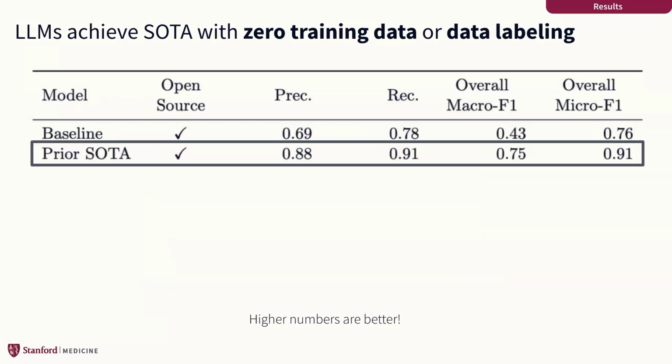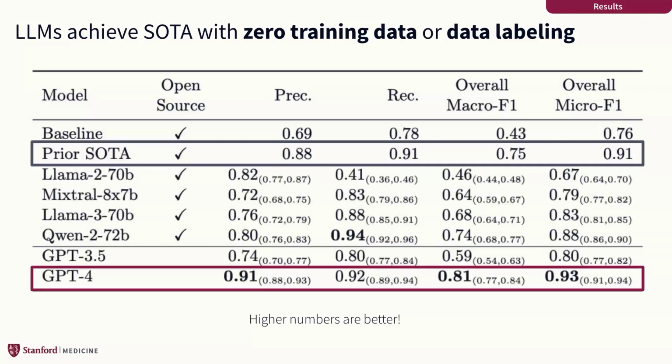So these are results on this benchmark with the prior state of the art at the top. This is a rule-based model where basically some domain expert looked at all the criteria, looked at the training set of roughly 280 clinical notes, and came up with a couple hundred regular expressions that he or she thought would best capture this data set, right? Very manual, very labor-intensive, a lot of domain expertise.